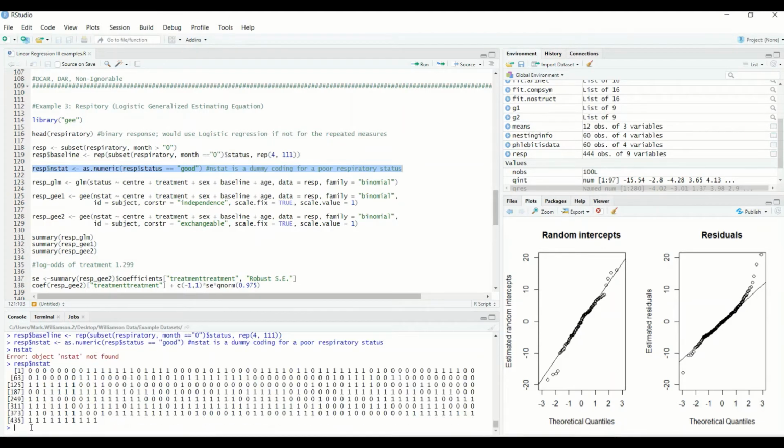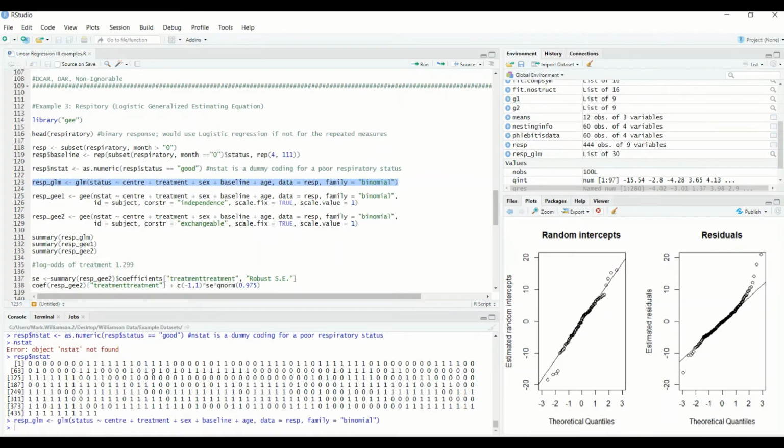Now that we have it, we can see here that it's either a 1 or a 0, good or bad. So we're going to start with a generalized linear model, looking at status as a function of center and treatment, sex and baseline, and age. And this is a binomial function, so we'll set the family.